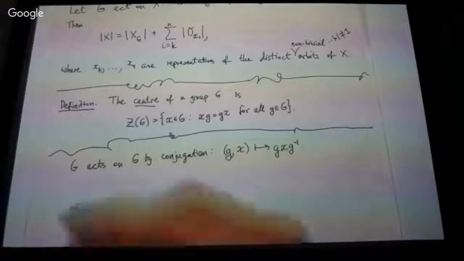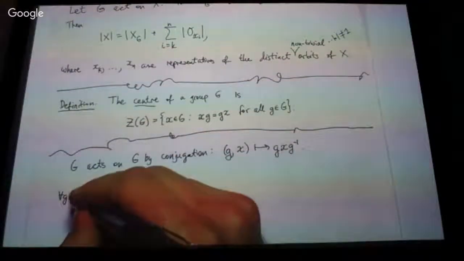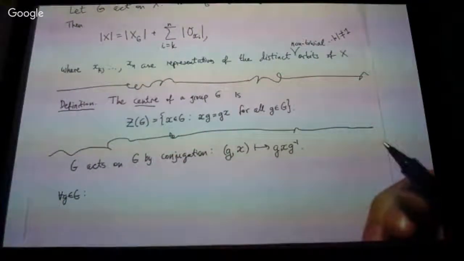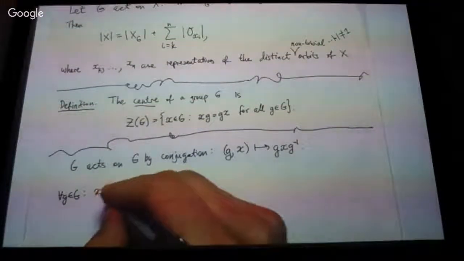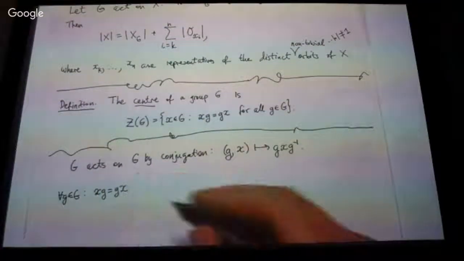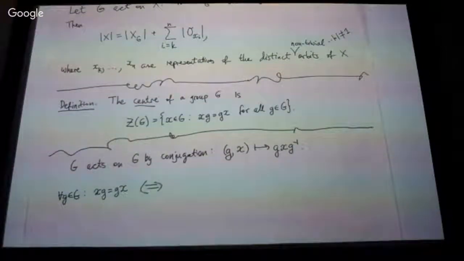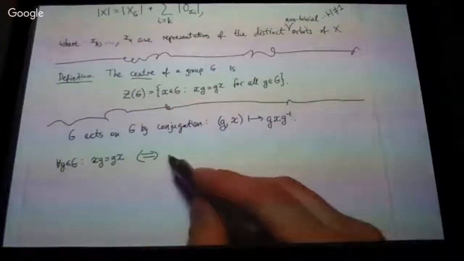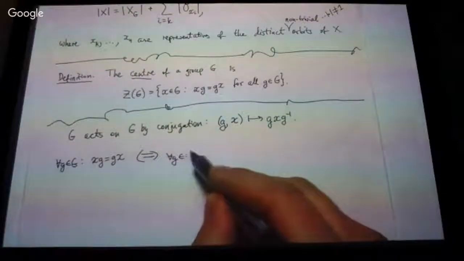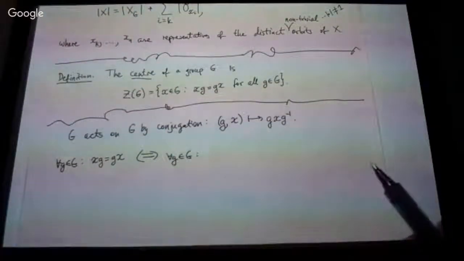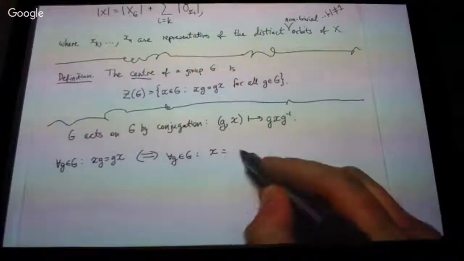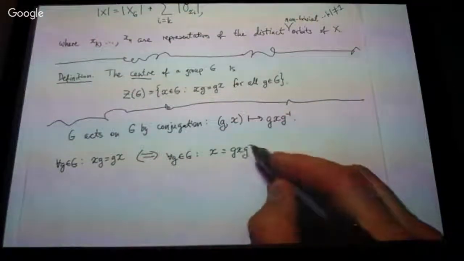Okay, when I say that for all elements g of G, xg equals gx, that is the same as saying that for every g in G, x equals gxg inverse.